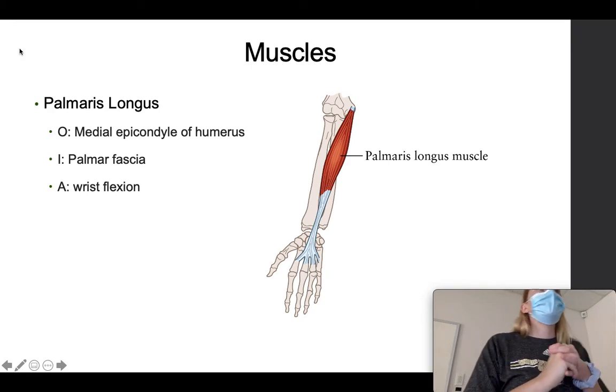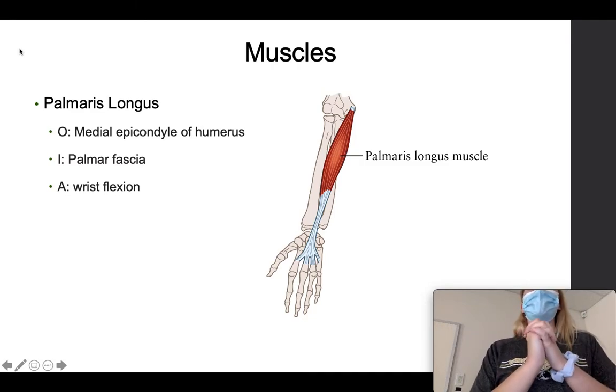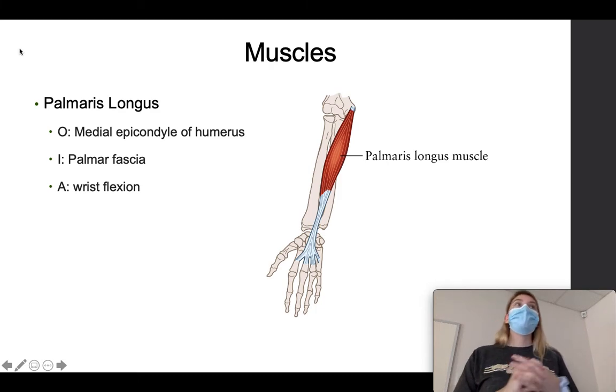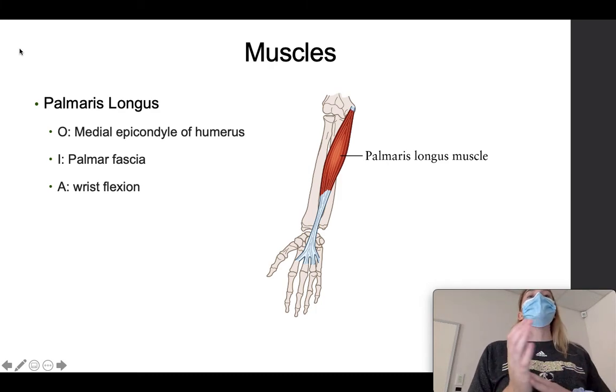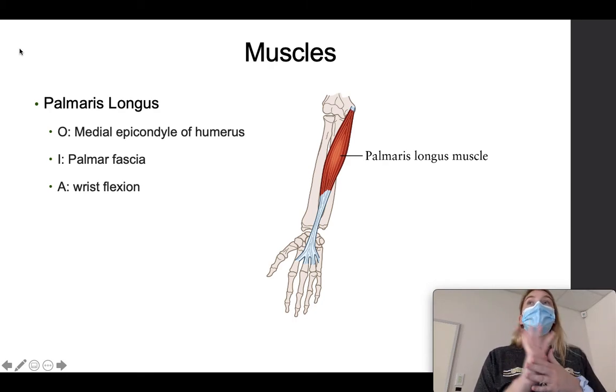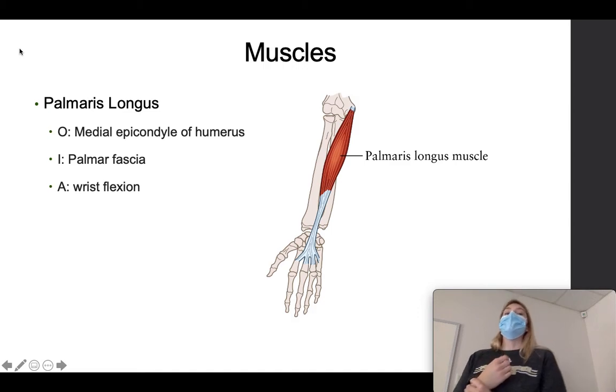Anterior, because we know the anterior muscles, flexor group, share common origin of the medial epicondyle. It is going to insert into your palmar fascia. So basically in your palm, you have an area that is just fascia, so just connective tissue, has no contractility. So it's not connecting straight onto a bone. Now this does wrist flexion.